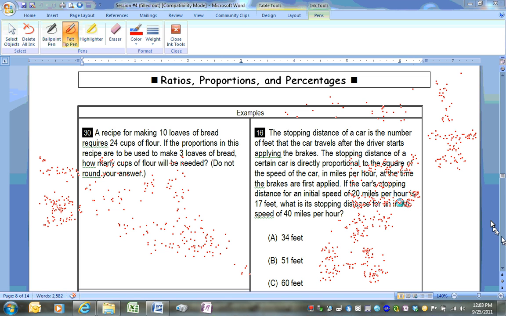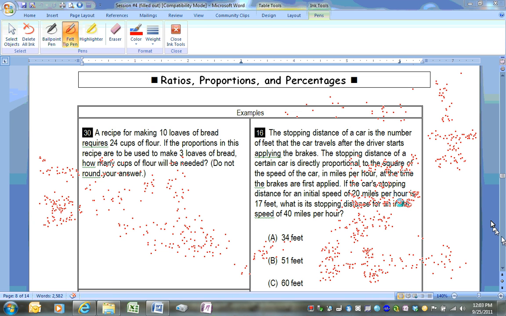So if you have 17 over 20 squared and multiply it by 40 squared, the calculator can be helpful here. We get 68 as our answer. Now I caution you that the College Board is very sneaky with some of their answer choices.